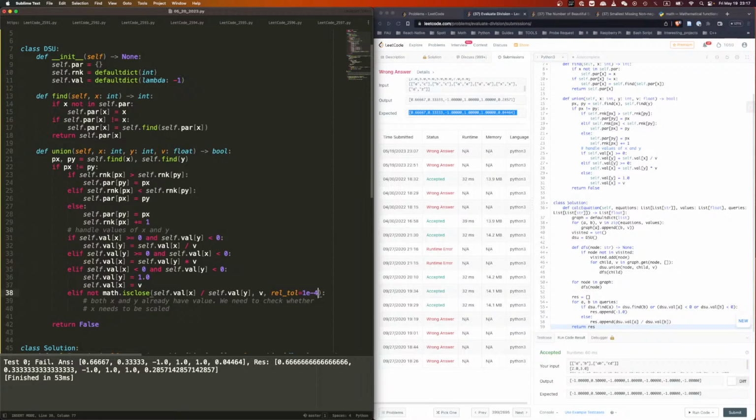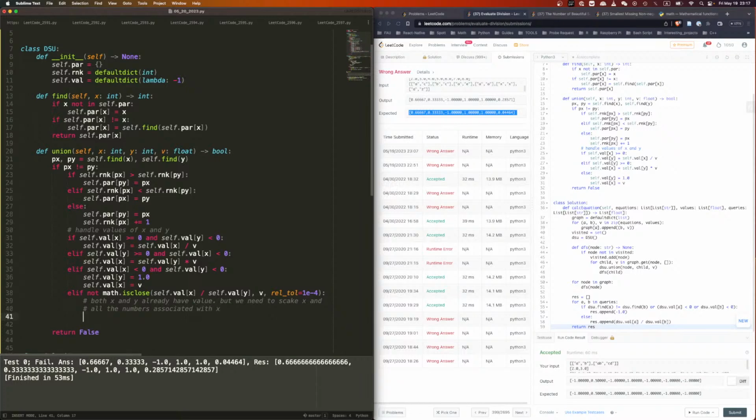So what if it's not close? Then we need to scale x and all the numbers associated with x.